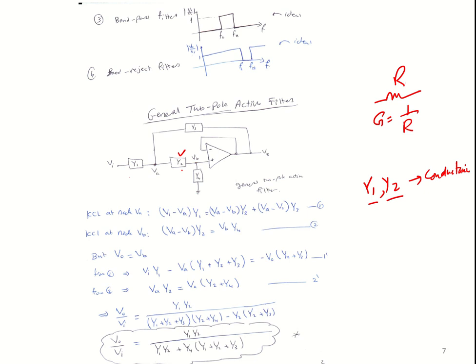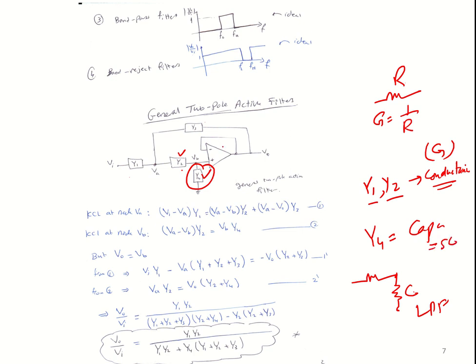Y1 and Y2 must be conductances, resistive components, and Y4 must be capacitive. We know that if you have a resistor and you take the output across a capacitor, then we are actually making a low pass filter. So it must be a capacitive component. Y3 could be conductance or capacitive. So the basic understanding here is that these two must be resistors, or conductances, and this should be a capacitor. Then we will make a low pass filter.